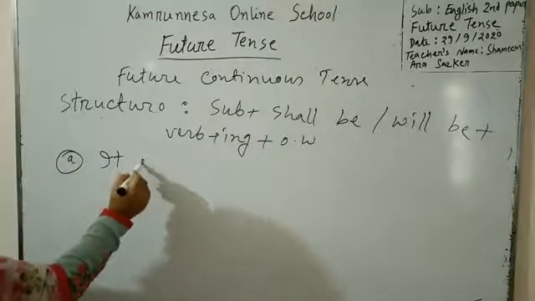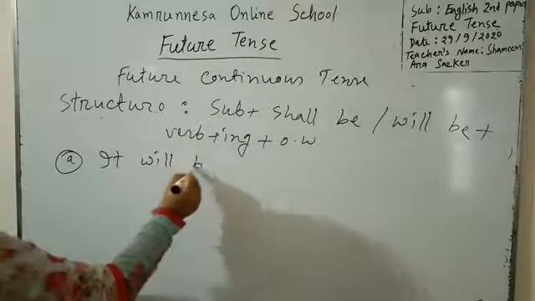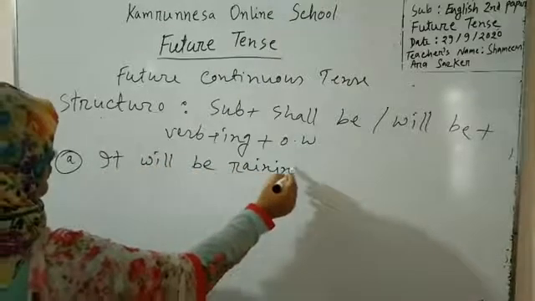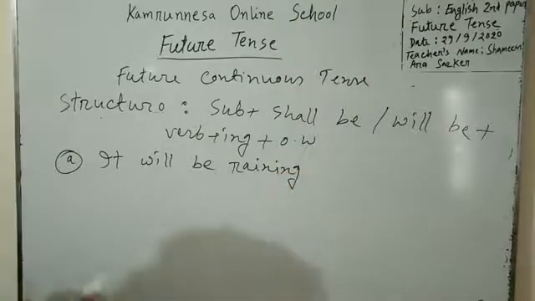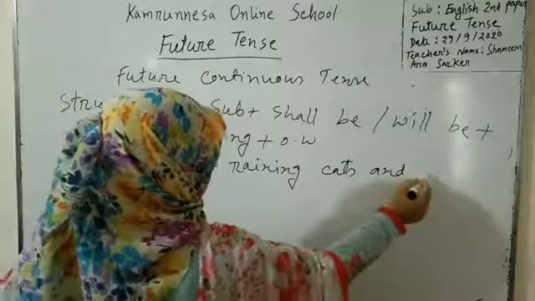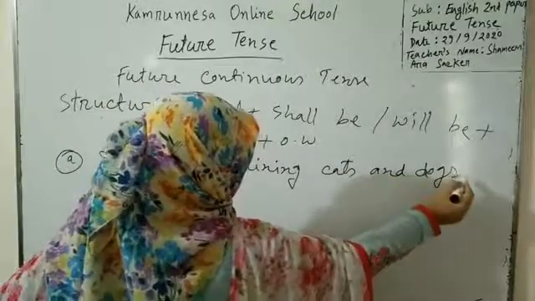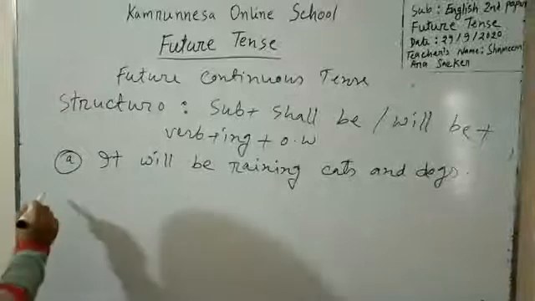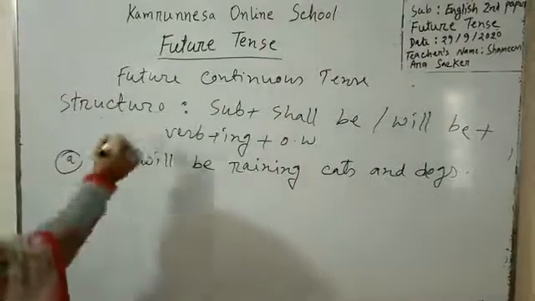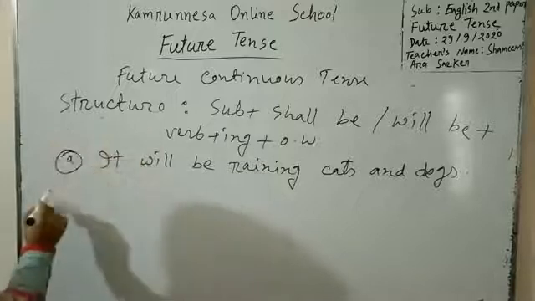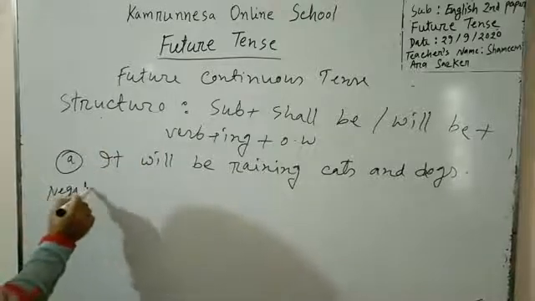It will be raining cats and dogs. মুষলধারে বৃষ্টি হতে থাকবে. This structure is affirmative. Now come to the negative structure.